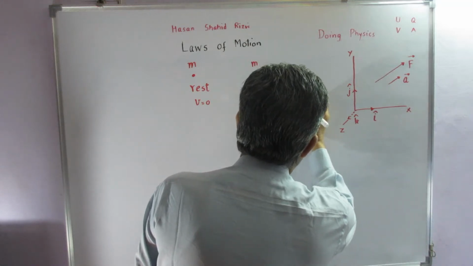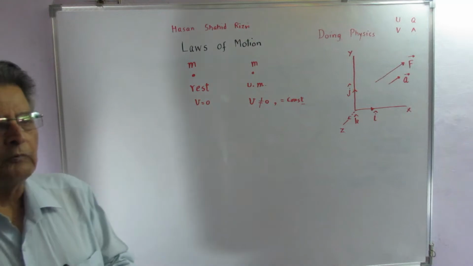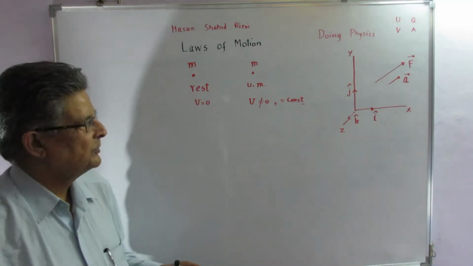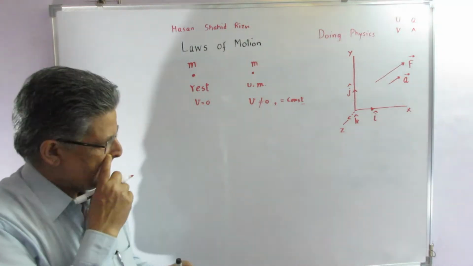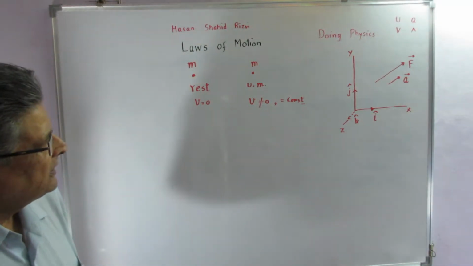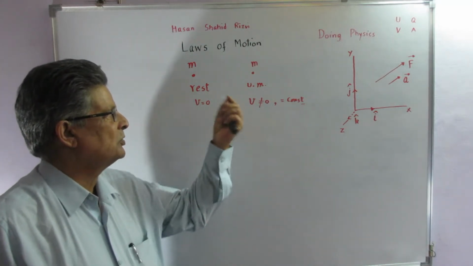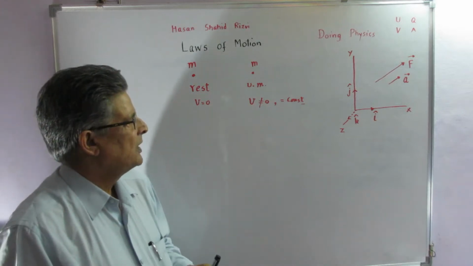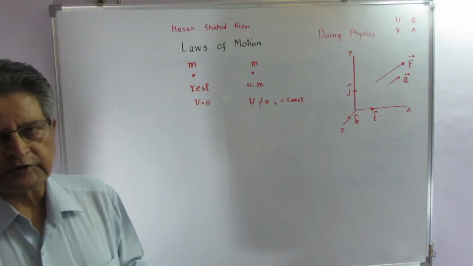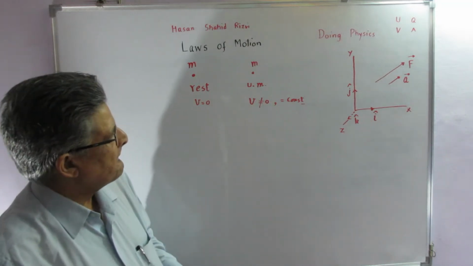Now, in the vast set of problems of motion that are encountered, Newton thought that he could not do with just these two laws, the first law of inertia and the second law, where F is equal to ma.